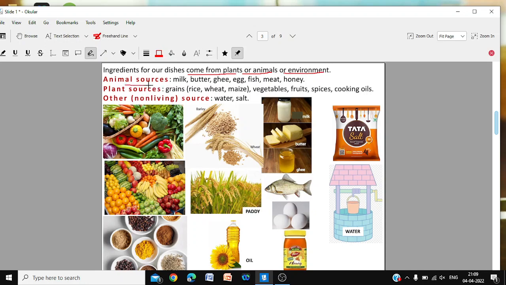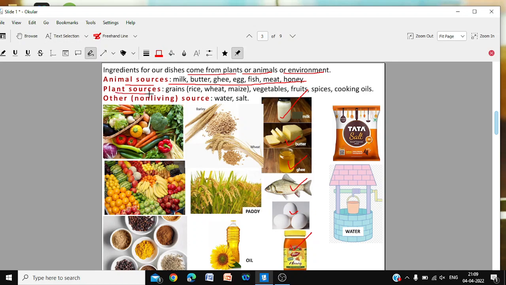Ingredients which we get from animals, that is animal sources: milk, butter, ghee, fish, egg, honey, meat. These are coming from animal sources.